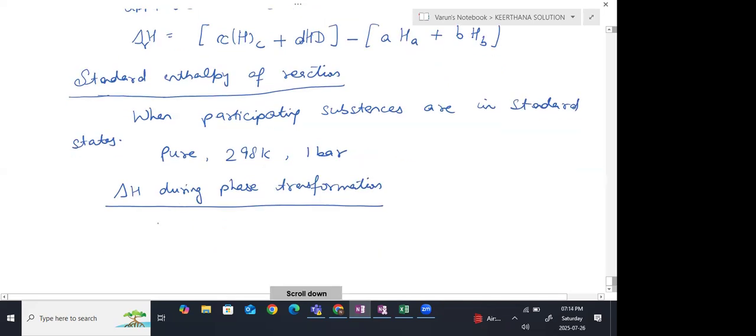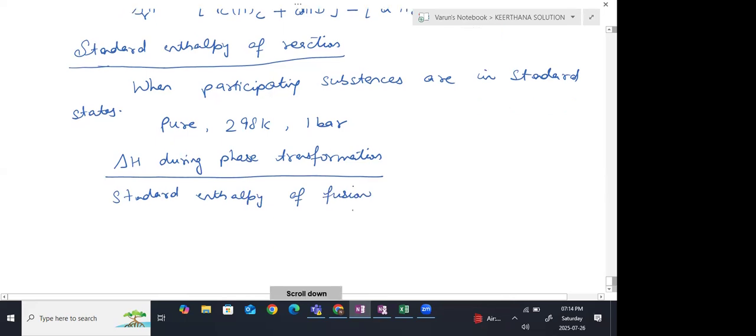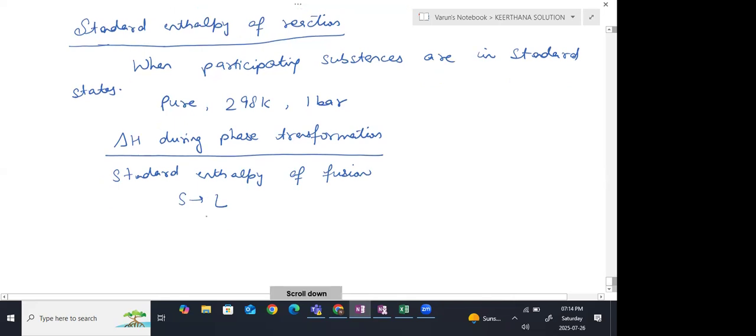Yes, ma'am. If I say that I am having standard enthalpy of fusion, what is fusion? When a solid is changing into liquid. When a solid changes into liquid, we call this process fusion.